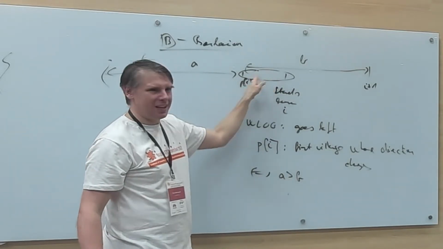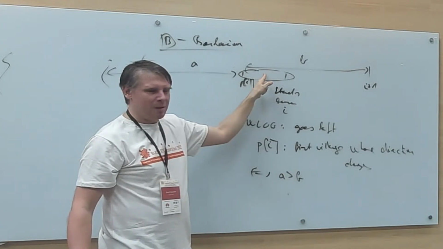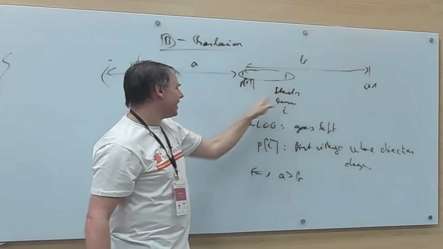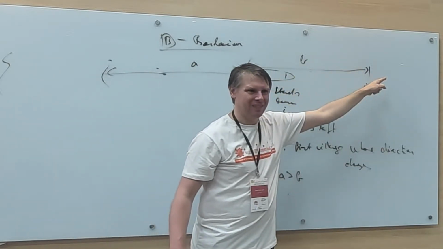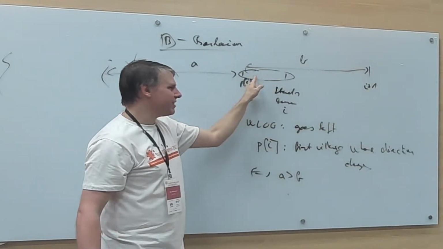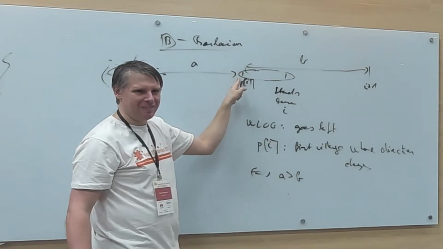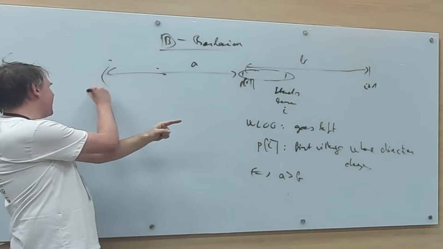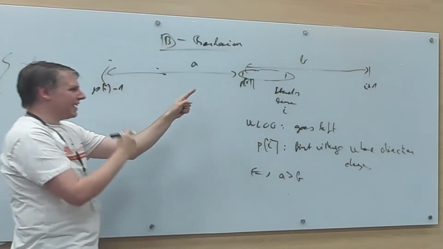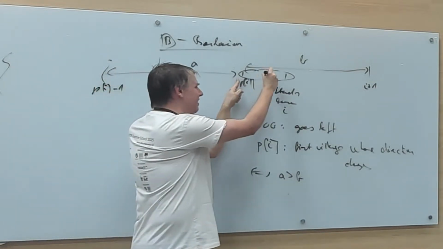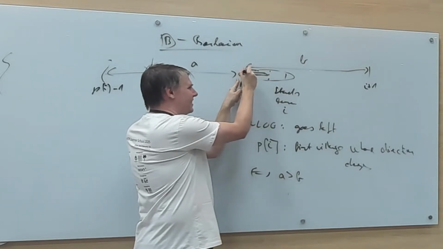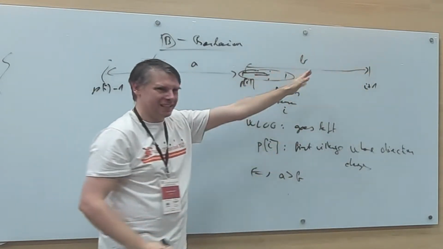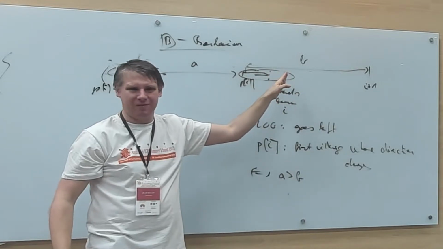it might visit villages in some order, but at some point, it either gets to I, from where it goes here and goes there, or after visiting some villages, it goes to PI, and from PI, you can see that since this is PI-1, the next village in that direction, from PI, even if it visited some villages here and went there, from there it directly goes to I+1, razing all the villages that were skipped before.